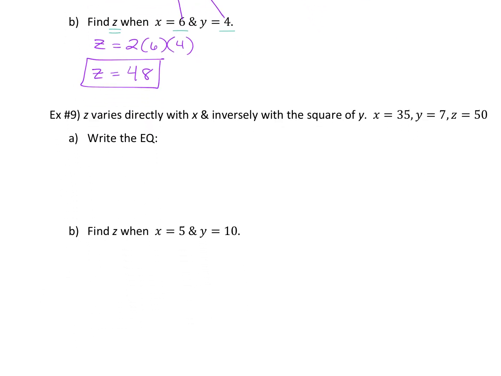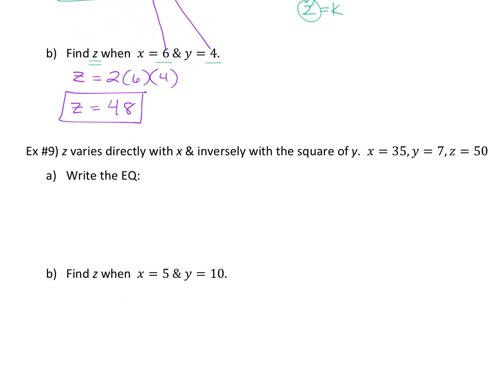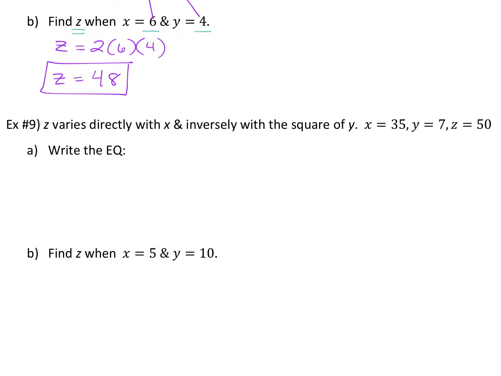Okay, you try 9. 9's a little bit fancier, but I believe in you. You can do it. Z varies directly with x and inversely with the square of y. Directly with x, inversely with the square of y.